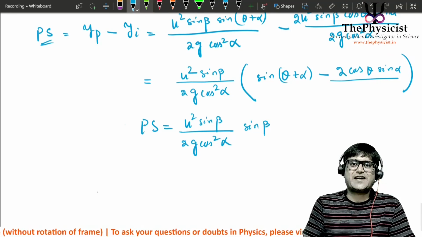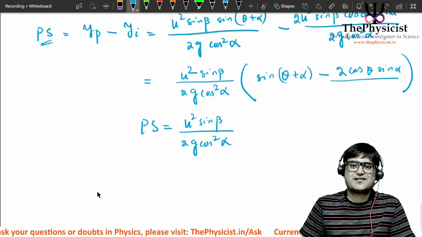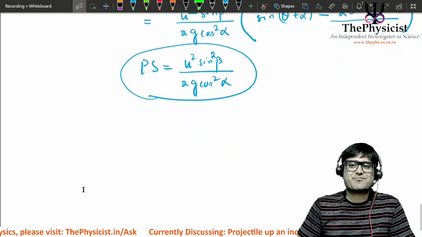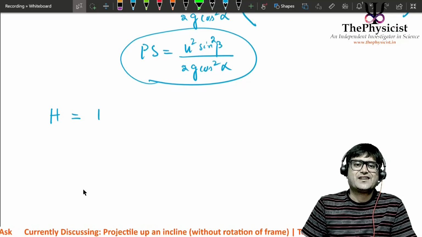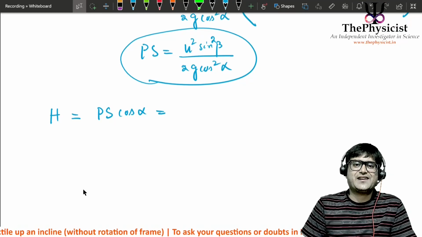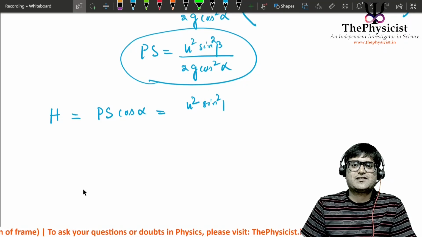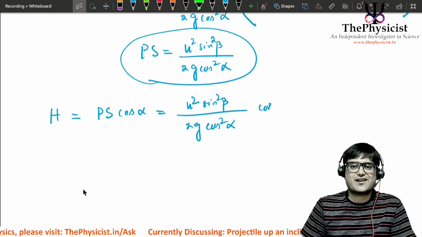But sine beta into sine beta is again sine squared beta. That's my PS. Then for the maximum height, all I need to do is to get PS and multiply it with cos alpha. And that is u squared sine squared beta divided by 2g cos squared alpha, into cos alpha.